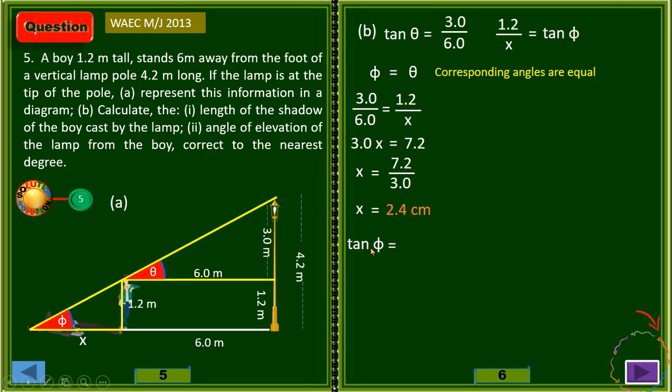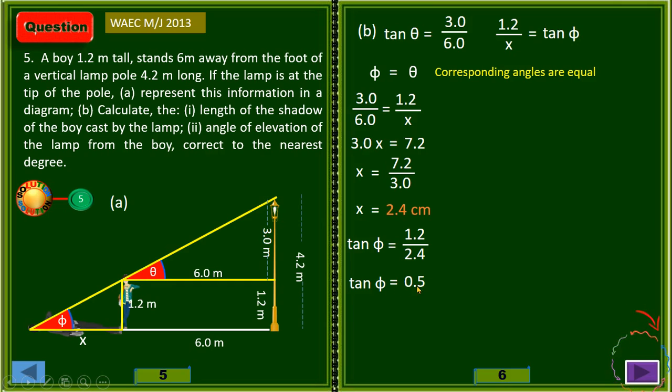Already we know that tan phi is given by 1.2 over x, and now we know that x is equal to 2.4, so tan phi will be 1.2 over 2.4. Using a calculator we can evaluate this. 1.2 divided by 2.4 will give us 0.5.